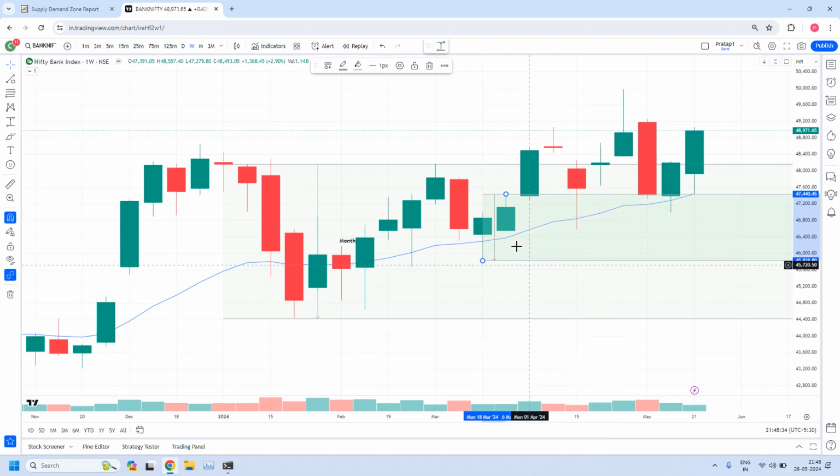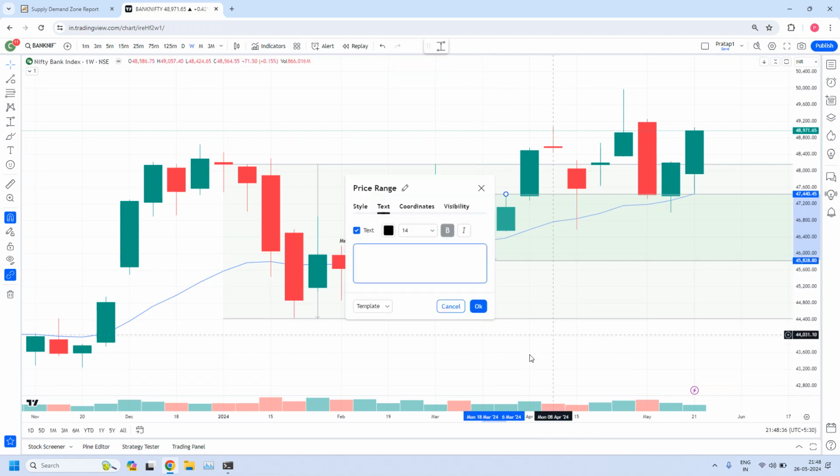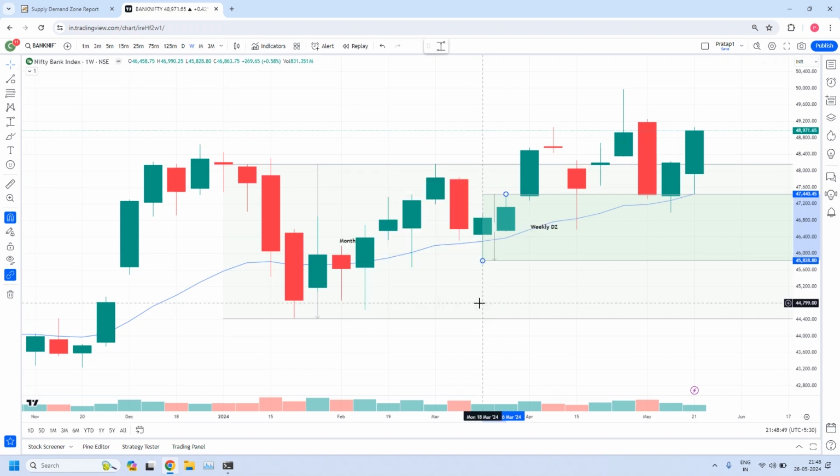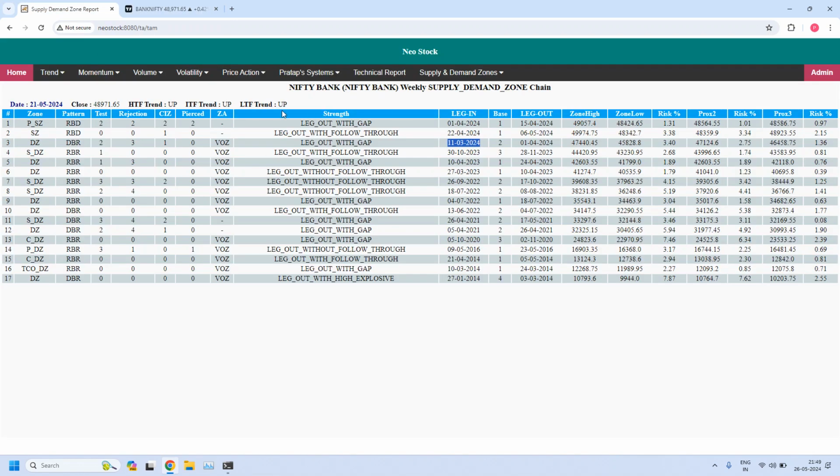Weekly demand zone, and let me add the label also. So this weekly zone is having confluence with the monthly zone. Interesting. And this weekly demand zone is also having weekly EMA confluence. And what is the weekly trend? Currently it is uptrend.